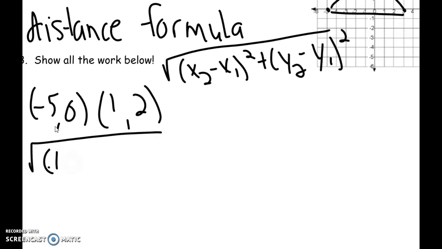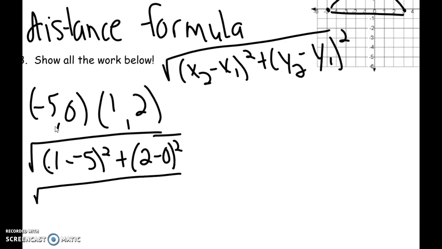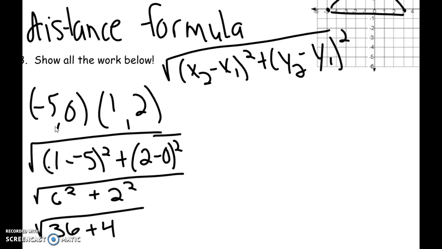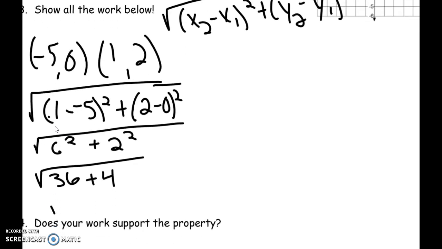We've got 1 minus -5 squared, 2 minus 0 squared. 1 minus -5 would be a 6 squared plus 2 squared. That gives me 36 plus 4. Ultimately, I end up with radical 40.